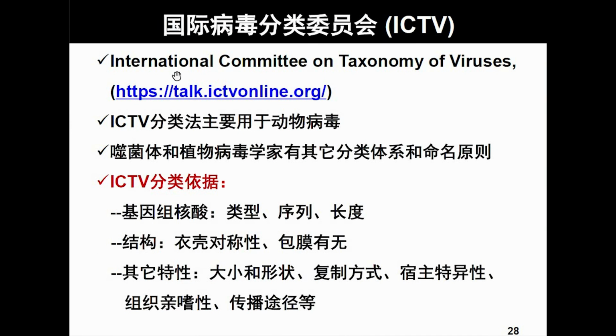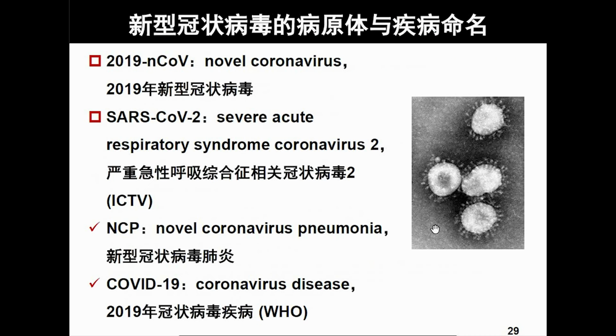What is ICTV? ICTV is the International Committee on Taxonomy of Viruses. Taxonomy means it classifies the virus on the basis of type, sequence, length, whether it has an envelope or not, size, replication process, and mode of transmission. Different things are there.